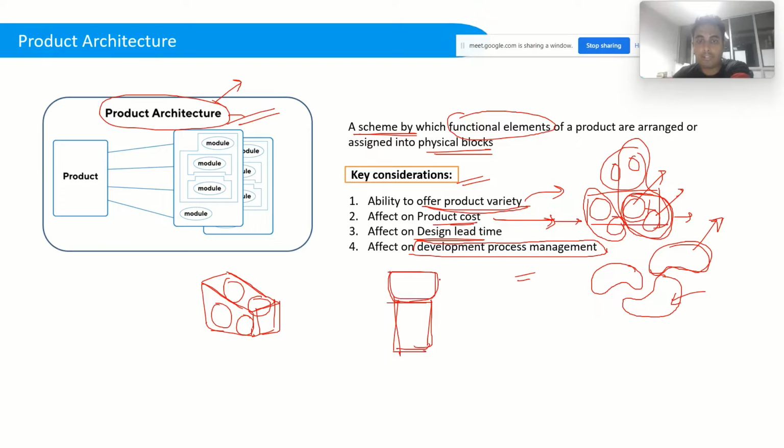Let's take only these two parts. Inside there is also a power unit, and there is another rotary unit which will convert the electrical power into rotational motion. Now you can divide this into modules.